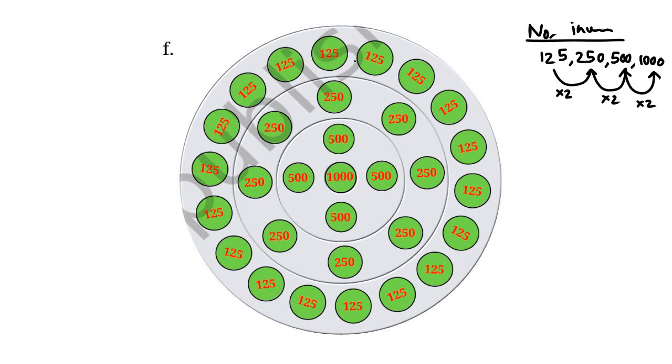The next thing to observe is that as we go inside, the numbers increase. Also, if you go from this side to this side, the numbers increase. So this is the second observation, that as we move inward, the numbers are increasing.